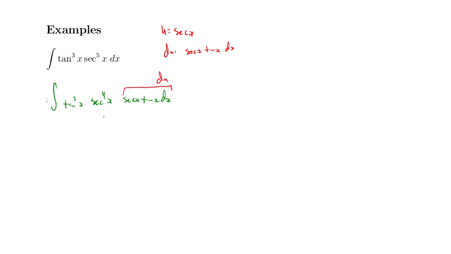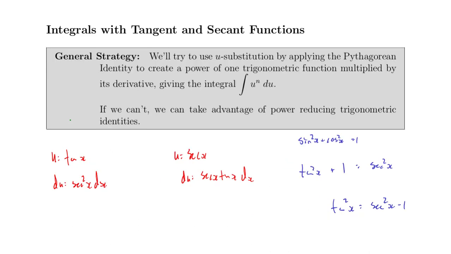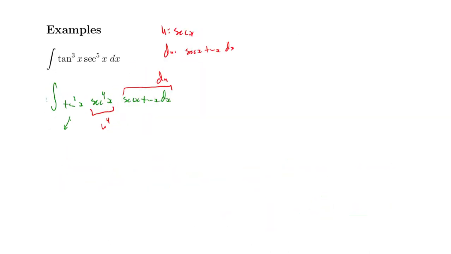And then I'm going to convert everything over to secants. This is really u to the 4. Tangent squared, we can go up here and remember, well, wait a second, that's just secant squared of x minus 1. So that's going to be u squared minus 1. So our new integral is u squared minus 1 times u to the 4 du, multiply, and I'll let you finish that stuff out. Again, no big deal here because it's just our basic power functions.